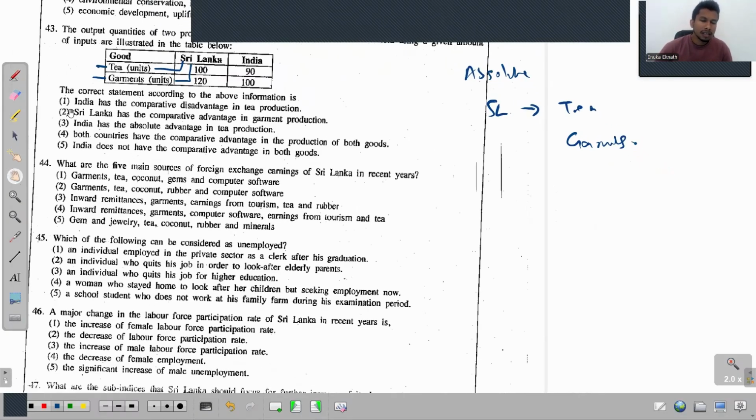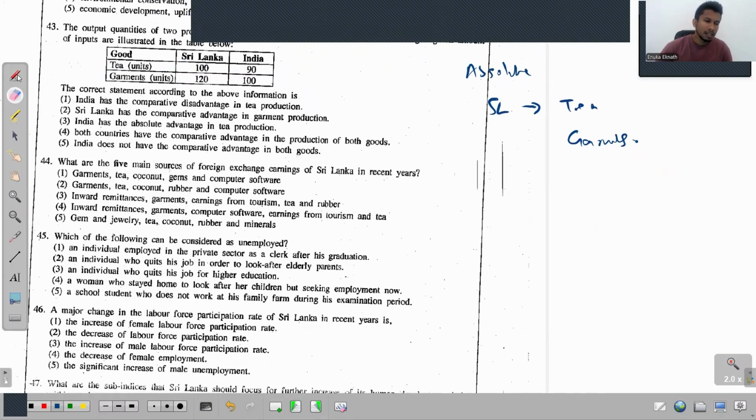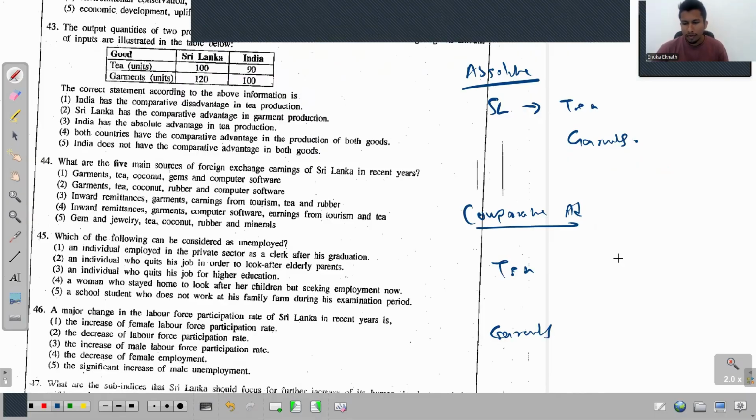But to recognize the country with comparative advantage, we need to do the opportunity cost calculation. So let me write comparative advantage. We can take tea and garments. So we have Sri Lanka and India.